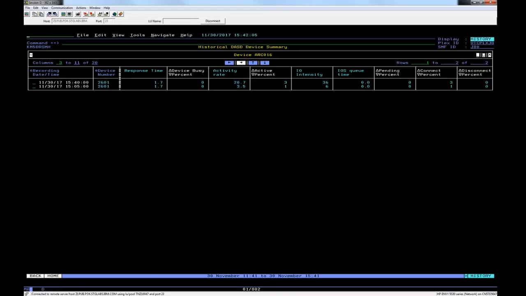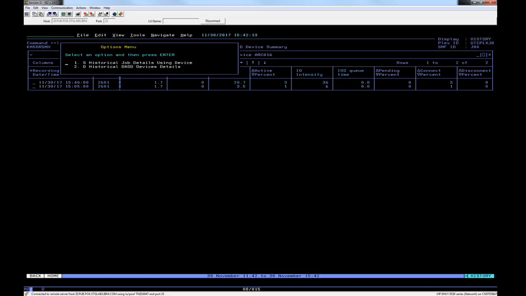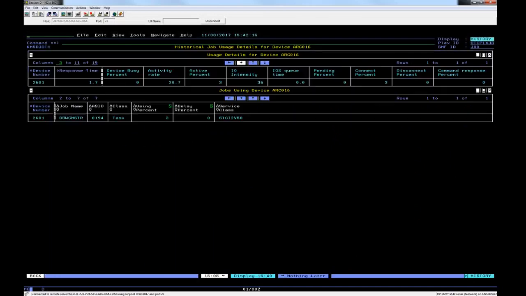But if you have an active device over time, or a device that is overutilized, then you might want to investigate, and so one can look at the jobs that, during the interval, were accessing the device.